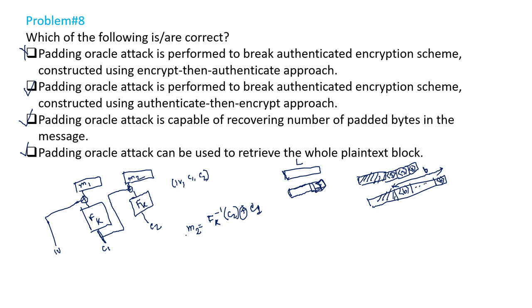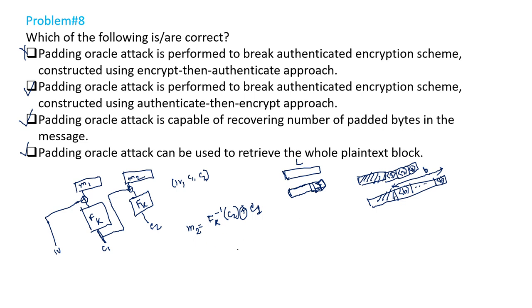The change in C1, the previous block of the last block, gets reflected in the last retrieved plain block, which may have padding in it.